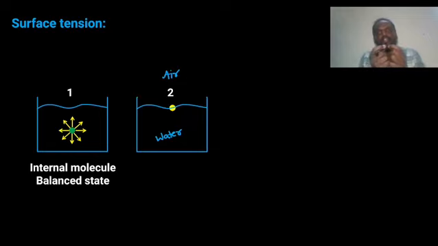That surface molecule is subjected to an unbalanced net downward force. Why is it unbalanced? At its bottom, all fellow molecules of water are present, but at the top, air is present. Therefore, this molecule is subjected to a net downward force due to the fellow water molecules.